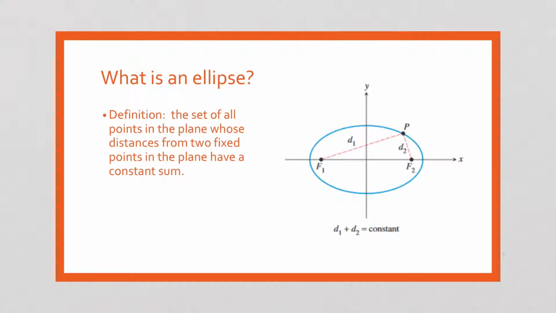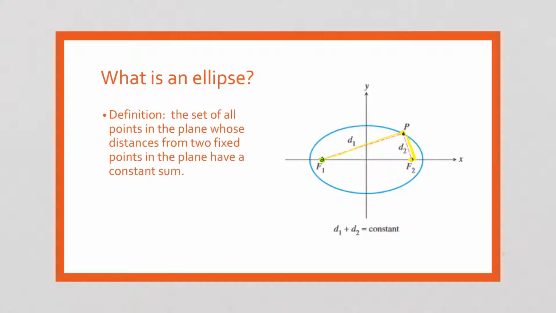So what is an ellipse? The definition is a set of all points in the plane whose distances from two fixed points in the plane have a constant sum. So if I take a look, I have two foci. We talked about what the focus was last time, but I still have two foci. The distance from the first focus to the ellipse and the distance to the second focus is constant, meaning it's the same for every single one.